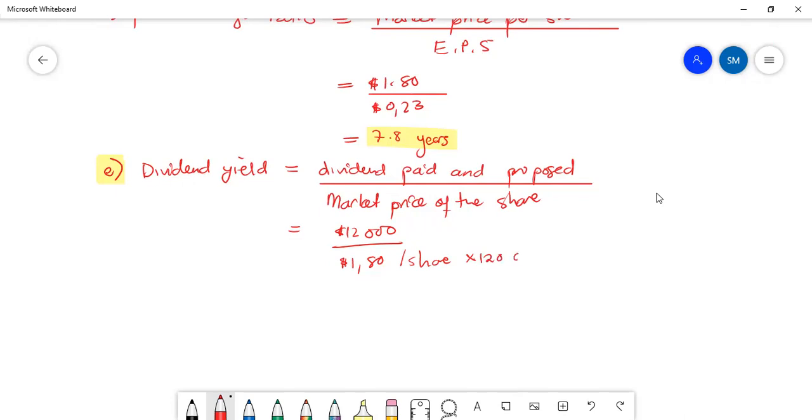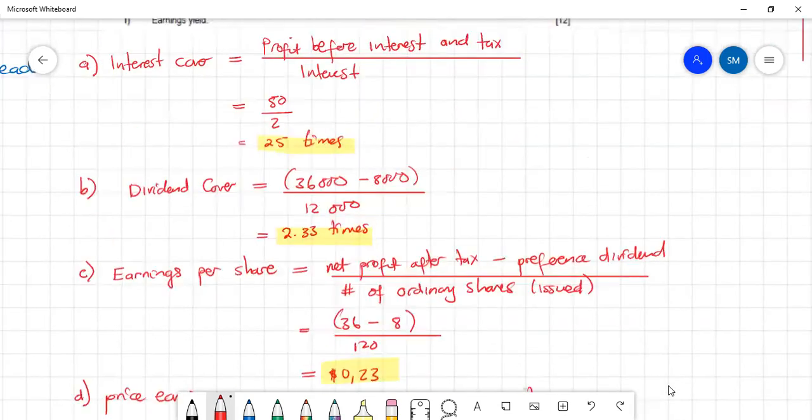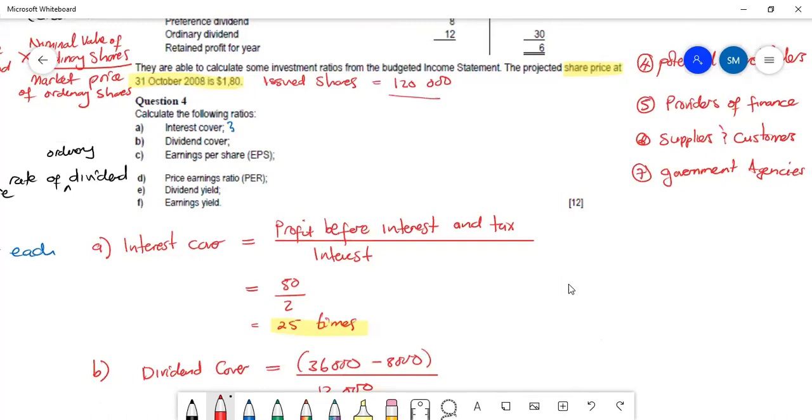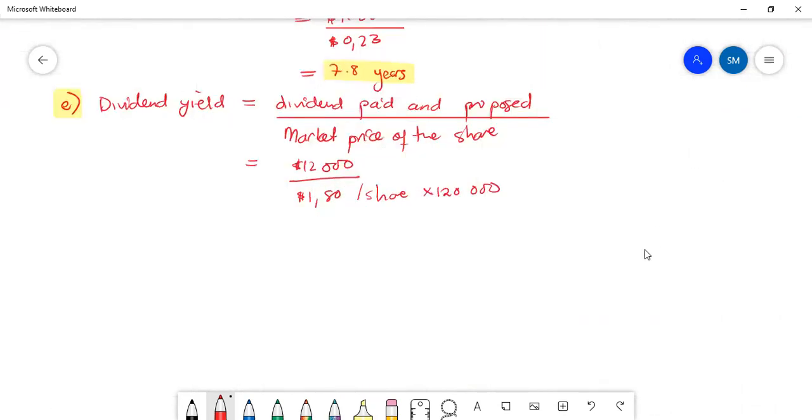We said it's 120,000 shares, right? So you'd multiply your market price per share of $1.80 by the total number of shares that you have.